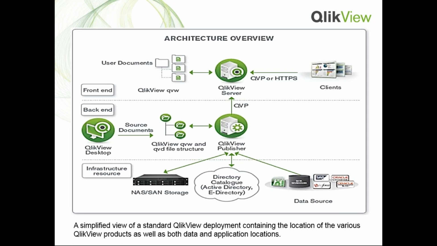QlikView supports two types of connection to database. One is offline, another is online. Online is basically from the QlikView file you will directly connect to the database. Anytime you need changes in the database, if a new record is added to the database, and at the same time your dashboard is reloaded, it will get your data from the database to the dashboard. It is basically online.